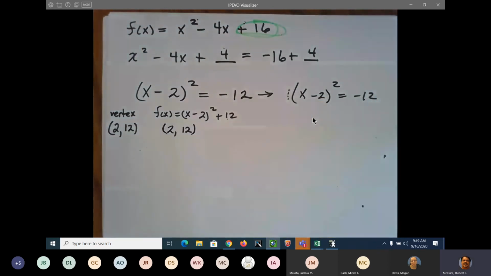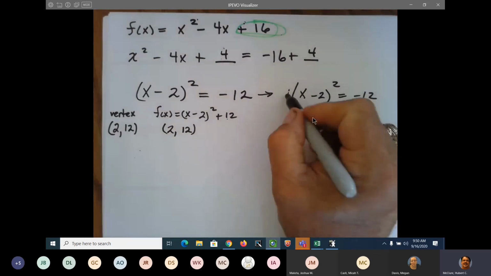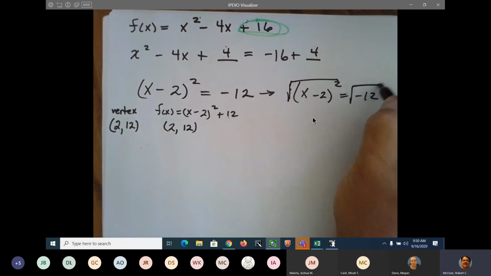So I'm ready to take the square root. There's not a negative out front. There's not a negative 1/2, a negative 5, a negative 2, in which you will see later after we do some more problems. So I'm going to take the square root of both sides.